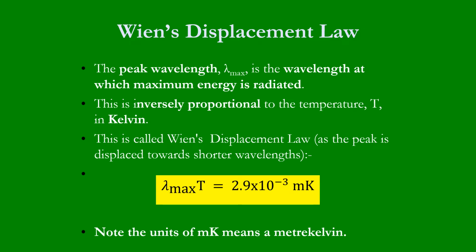It's 2.9 times 10 to the minus 3 meter Kelvin. So you might be given the temperature of a star and asked to find the wavelength, and that's what we'll do next.